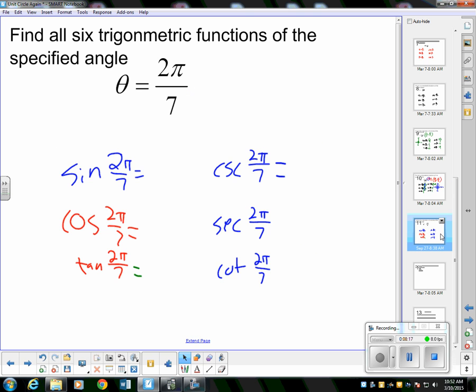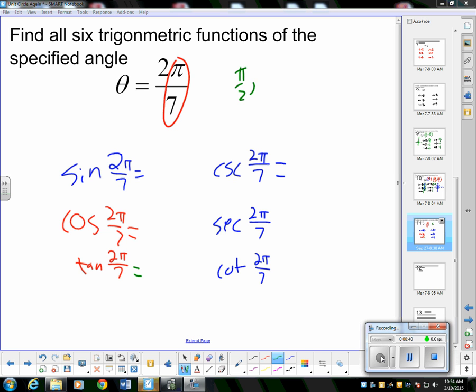All right. Find all 6 trig values of this. Okay, so this one here, this is in terms of pi over 7. Well, on our unit circle, all the angles we deal with are in terms of pi over 2, pi over 3, pi over 4, and pi over 6.